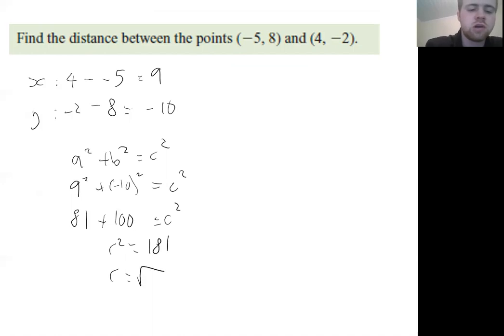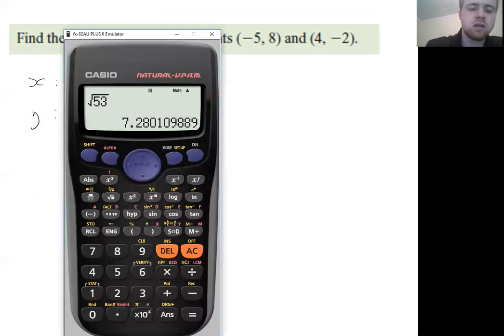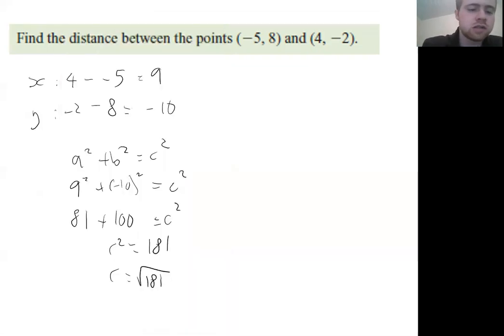C equals the square root of 181. Now, what is that going to be? Square root of 181 equals 13.45 to 2 decimal places. So c equals 13.45.